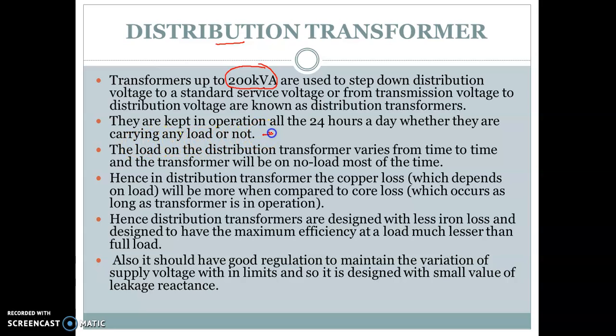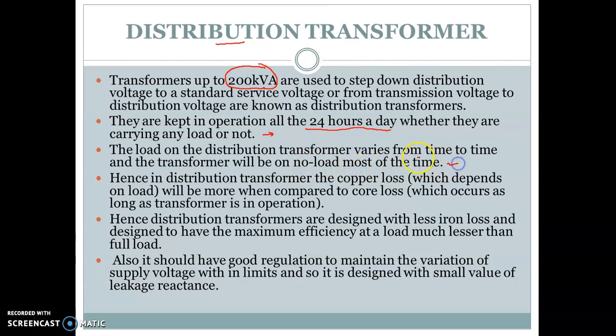It may be possible that load current is there or no load current is there, but still the distribution transformers are always operating, 24 hours a day. Sometimes the load may be zero, sometimes it is fully loaded. The load on the distribution transformer varies from time to time, and the transformer will be on no load most of the time.